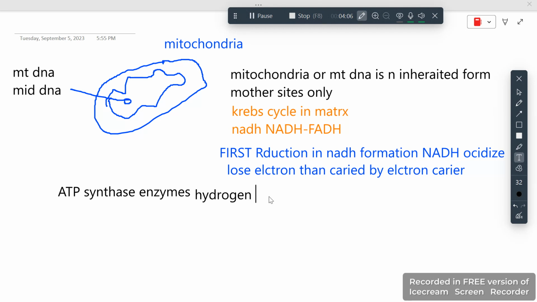This hydrogen will lose its electron, and when this ATP synthase enzyme is activated, that process is known as ATP synthesis. This means the ADP would be converted to ATP.